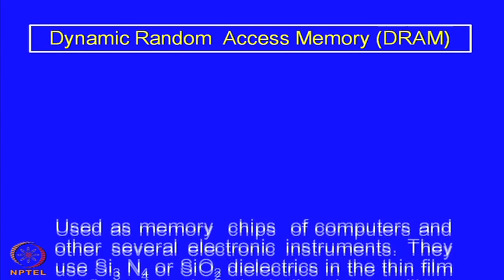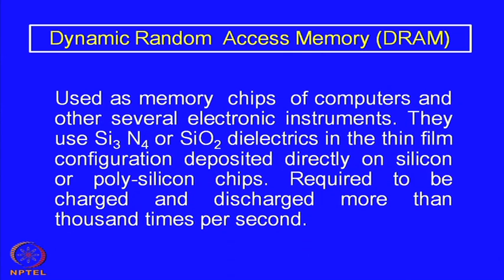And the last one, another very important application, particularly of barium titanate, the linear dielectrics, is as memory chips, that is dynamic random access memory or DRAM, which is quite common in computer technology. These are computer memory chips and are used in several electronic instruments.